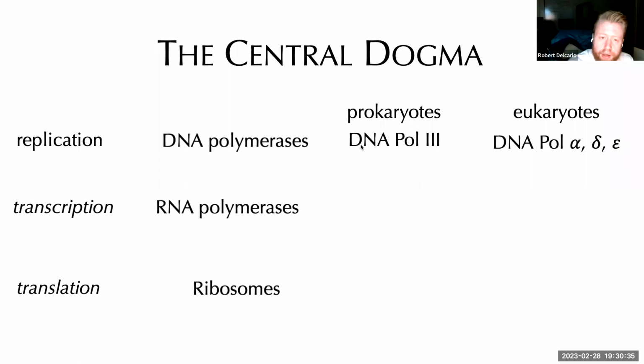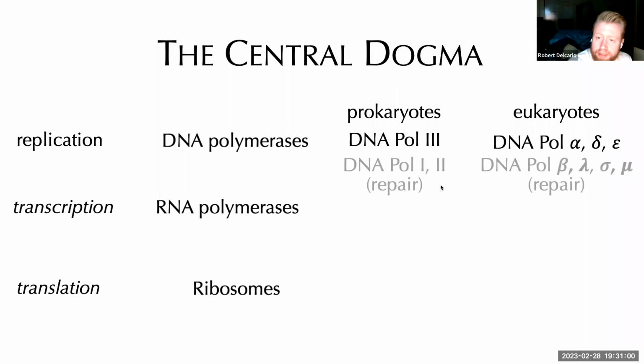So in prokaryotes, the prominent primary replication polymerase for DNA is called DNA polymerase 3. That's a very powerful tool in molecular biology. In eukaryotes, it's more of a complex of 3 different proteins, DNA polymerases alpha, delta, and epsilon. Each of these DNA polymerases come in repair flavors.